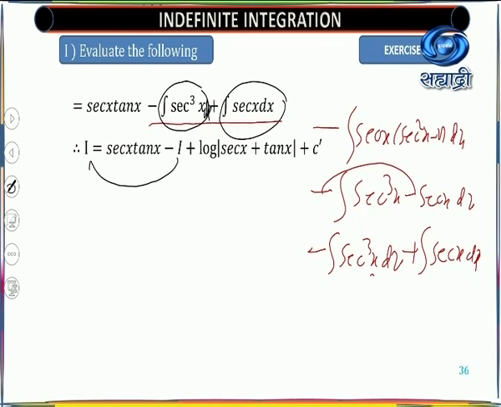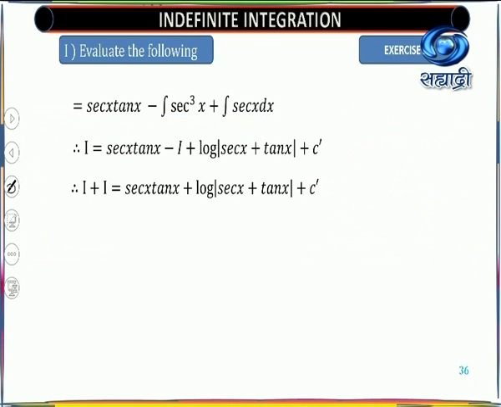Now shift I to this side. It becomes I plus I. So I plus I equals what we are left with, that is sec x into tan x plus log of sec x plus tan x plus constant of integration. So the next step is 2I equal to sec x tan x plus log of mod sec x plus tan x plus constant of integration.